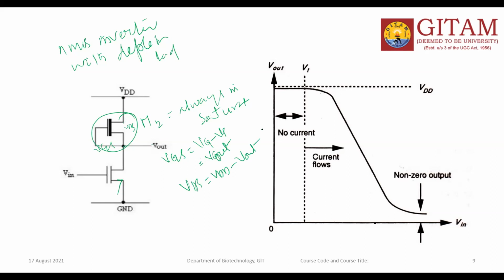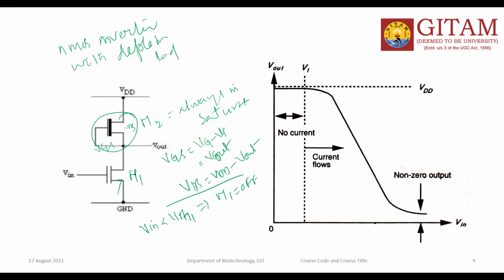Now, for the M1 transistor, whenever the input voltage is less than VTH1, M1 is off.